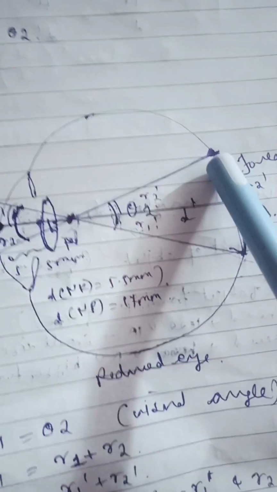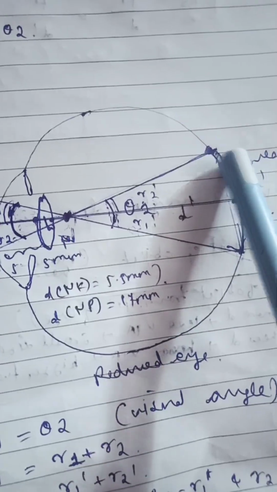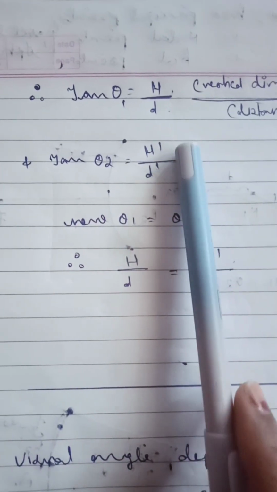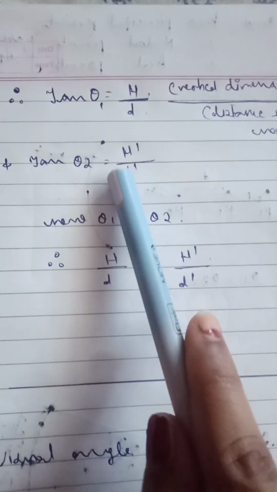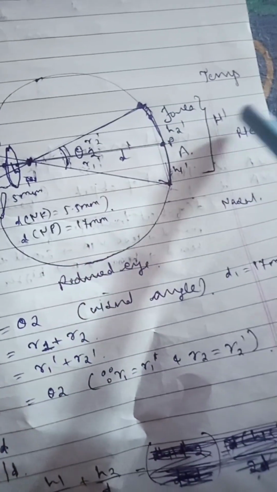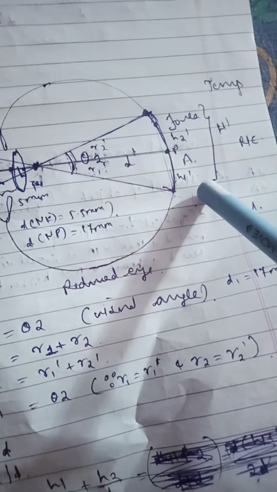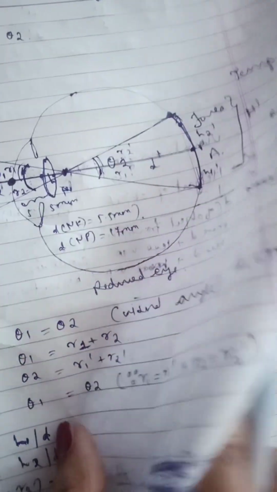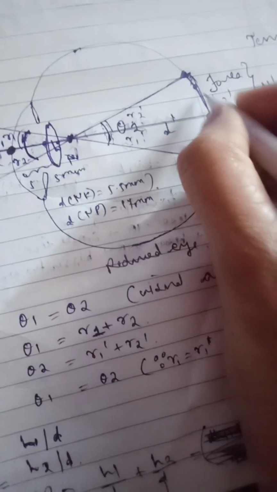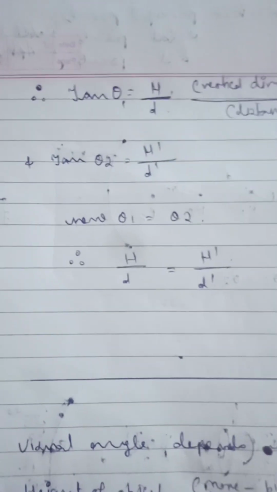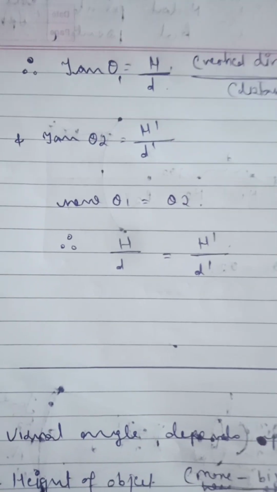You take it as a very small thing, and then as a linear side, and if you apply the same equation, it comes to be tan theta 2 equals h dash divided by d dash. This is the entire height h dash upon d dash, because it's perpendicular.